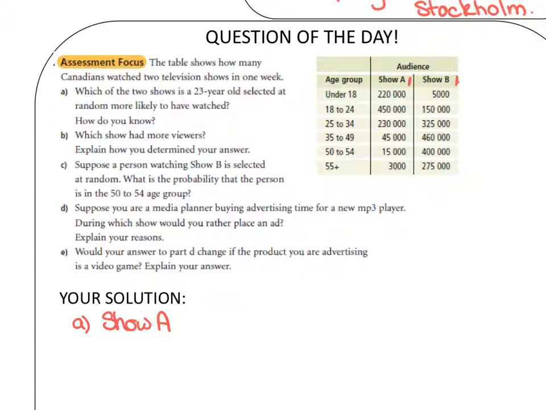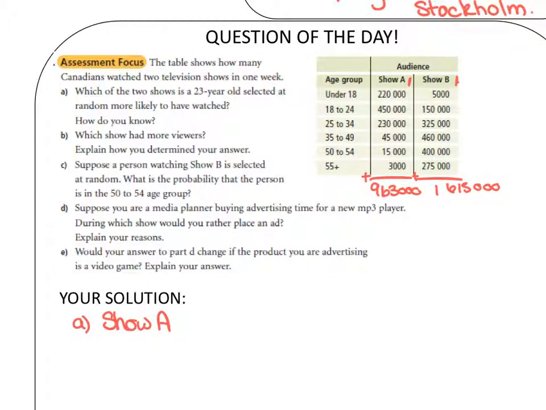B, which show had more viewers? Explain how you determined your answer. The way to figure this out is just to add them all up. So take a second, add up all in each column, and then we can figure out which ones were better. So I'm going to pause and figure it out.